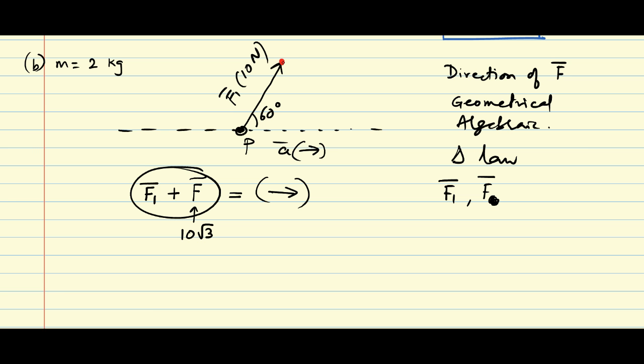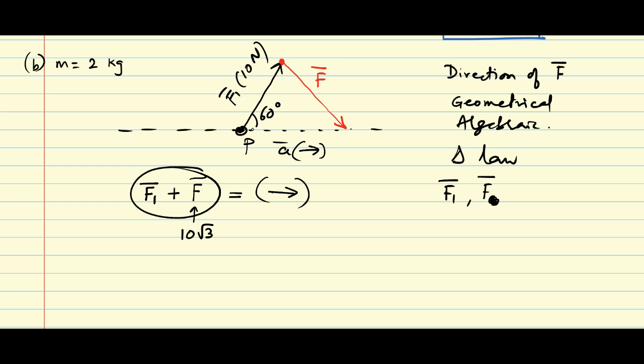Now I have to draw this particular vector F bar such that it must end on this dotted line. Why is that so? Because the resultant, let's say that I draw the two vectors in this way. So this vector is F bar and the first one is F1 bar.